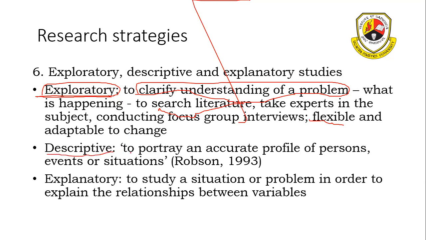Then we have descriptive research, which we've already talked about. We want to portray an accurate profile of a person, event or situation. Then research can be explanatory. This is when we want to study a problem in order to explain relationships between variables. By the time we talk about variables, it means we already have something controlled.